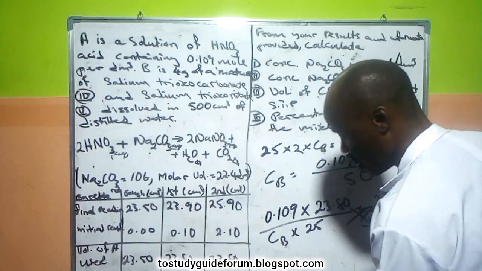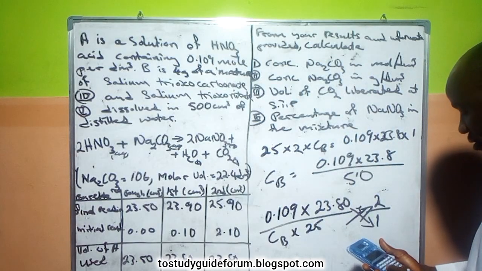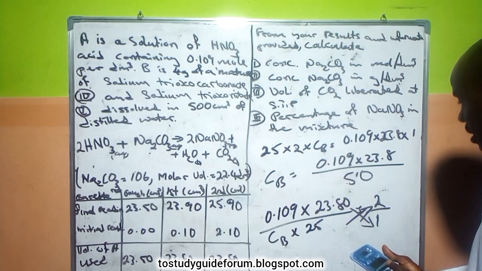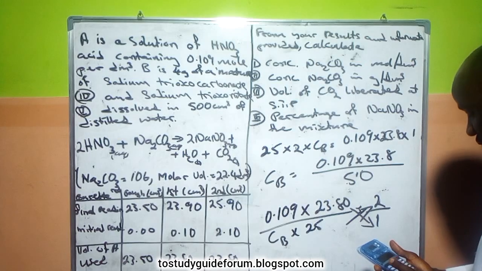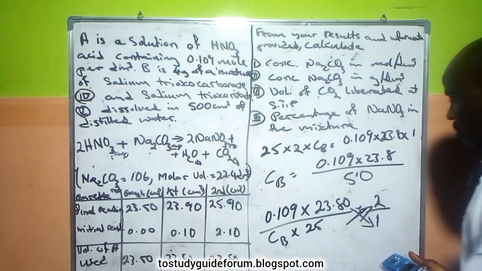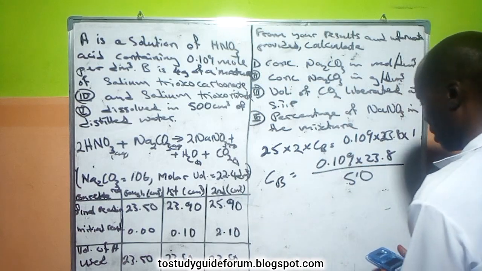So the next thing we do here is to divide everything we have by 50. So what we have is our final answer.